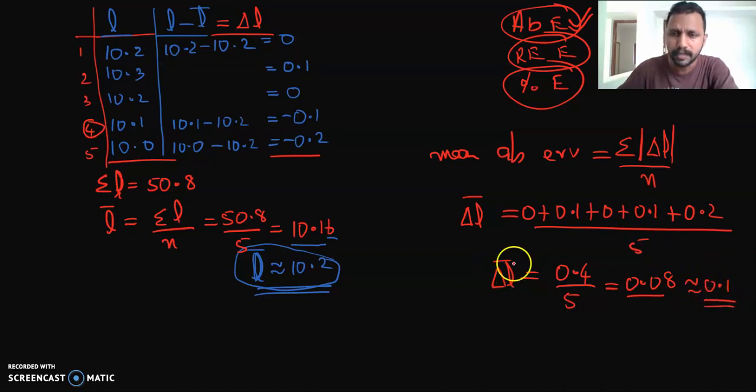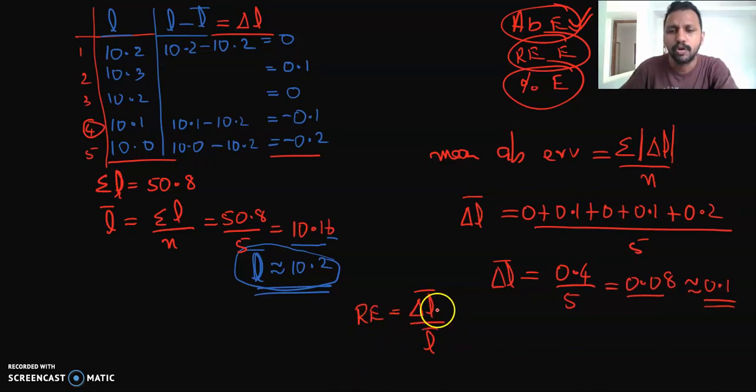Then let's speak about relative error. In order to find out relative error, the formula that we will be using is delta L bar divided by L bar. The ratio of mean absolute error to the mean value will be relative error.